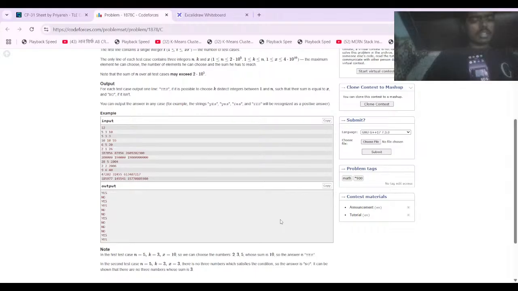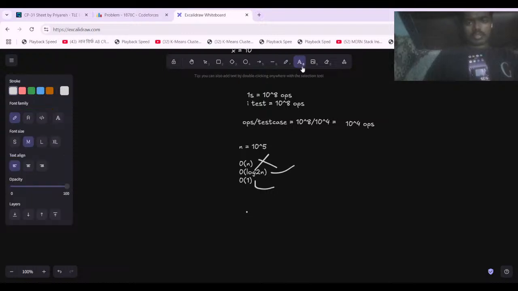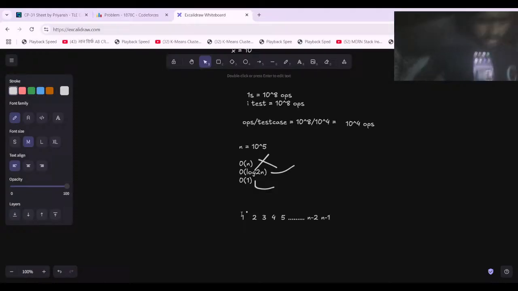Let's say you have numbers like 1 2 3 4 5, and then n minus 2, n minus 1. So this is a sum below which you cannot go.